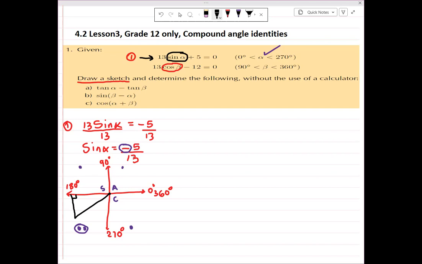Okay, perfect. And then now, after you do that, remember by definition, sine is opposite over hypotenuse. So which means 5 will be my opposite and 13 will be my hypotenuse. Hypotenuse is always positive all the time.